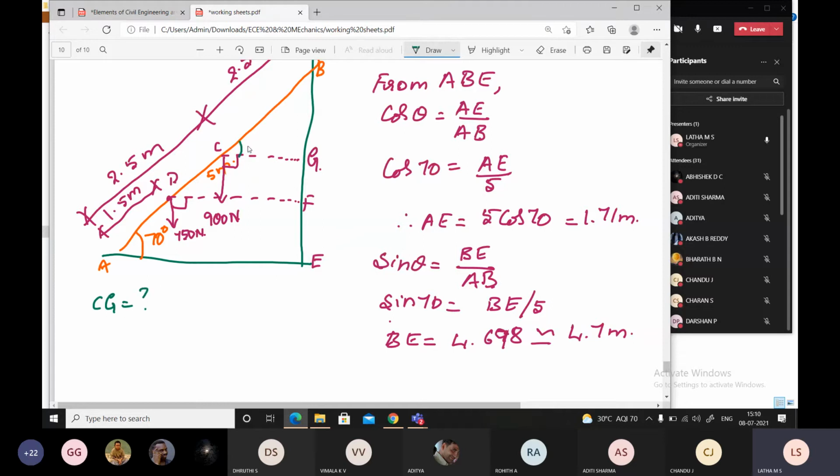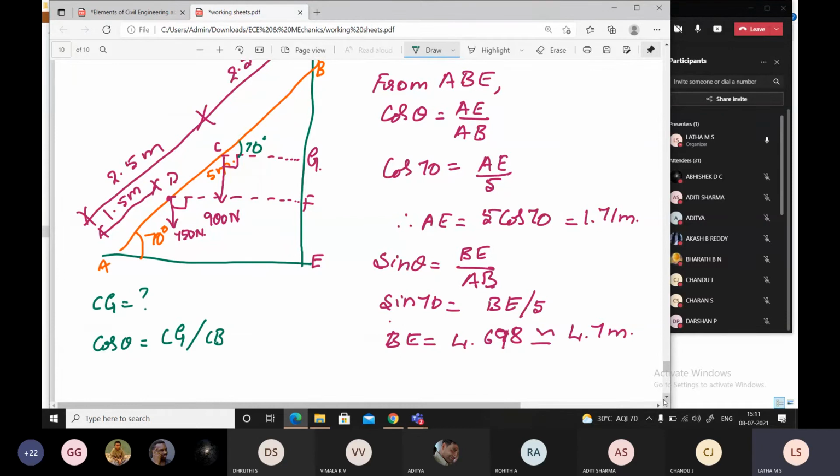Now, what is the angle here? You agree? This is 70 degrees. Yes or no? Yes, ma'am. Now, how to calculate the CG distance? Cos theta, ma'am. Cos theta is equal to CG by CB.